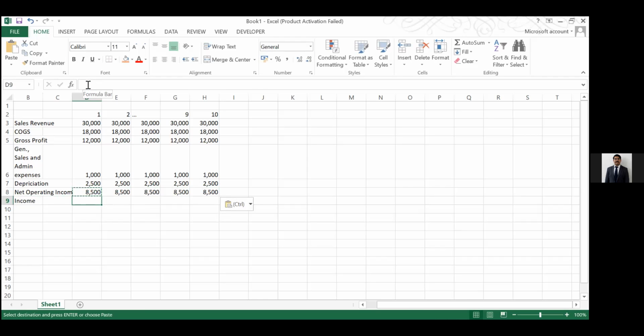Income would be this minus this, right? Net operating income minus depreciation. Yeah.